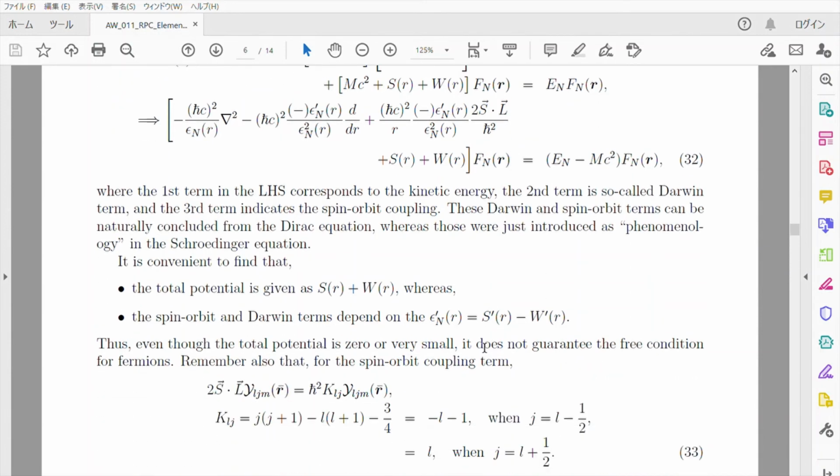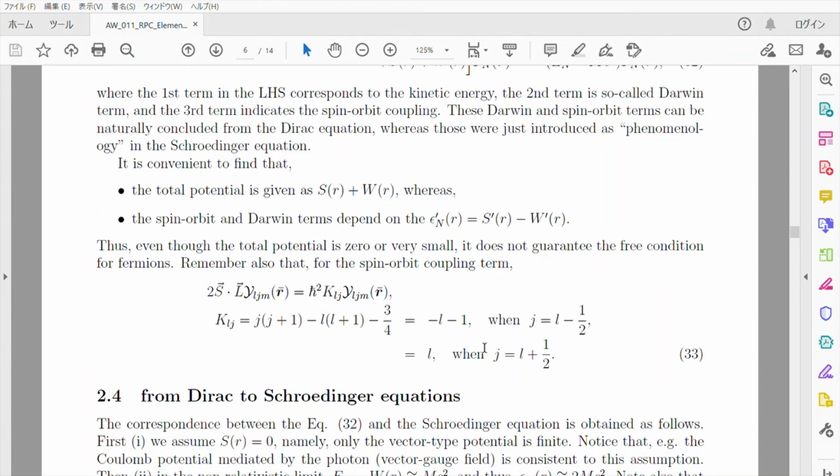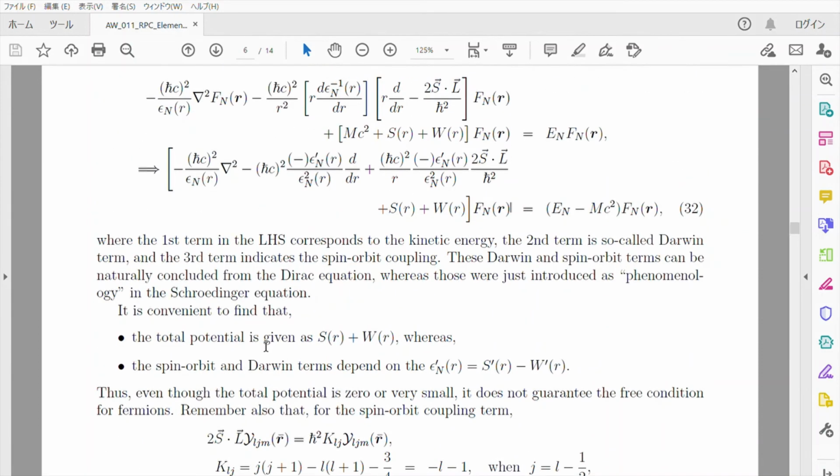It is also convenient to find that the total potential is given as just the sum of S plus W. On the other hand, the spin-orbit and Darwin terms depend on this epsilon prime, which is nothing but S prime minus W prime.